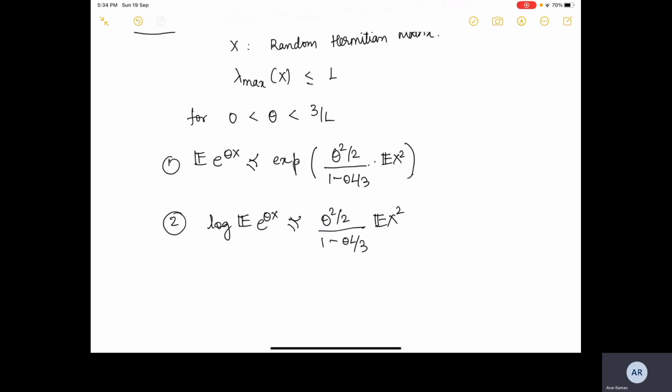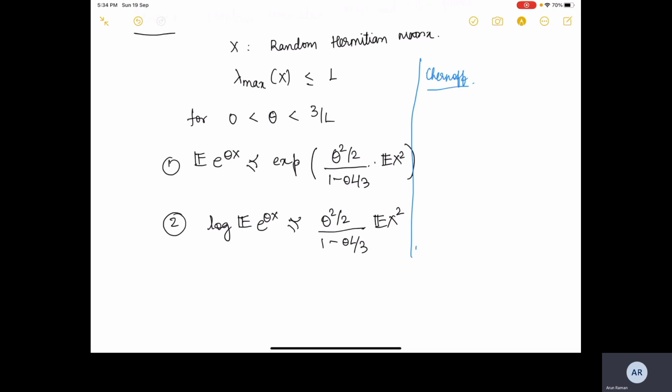It might give us good insights if we compare this bound with the bound that we obtained in the Chernoff case. So as a side discussion, in the last lecture, when we proved the MGF and CGF bound for Chernoff, we got something like this.